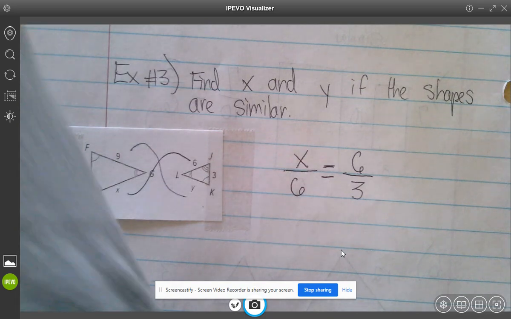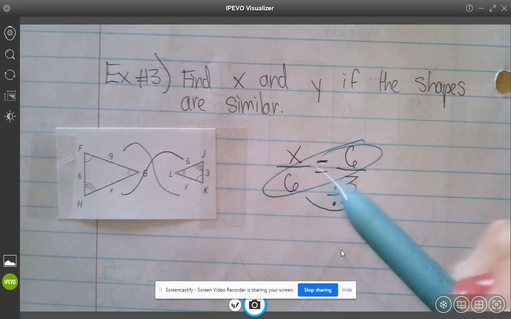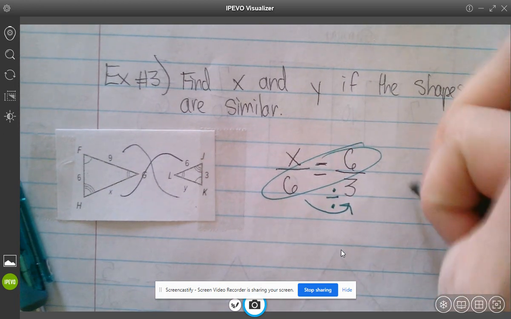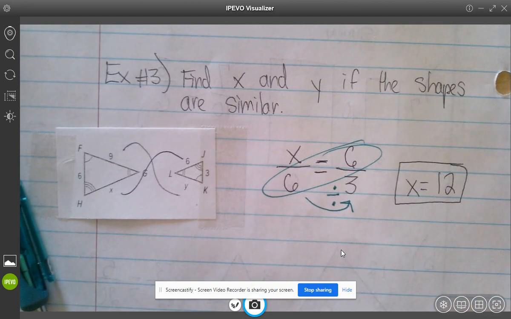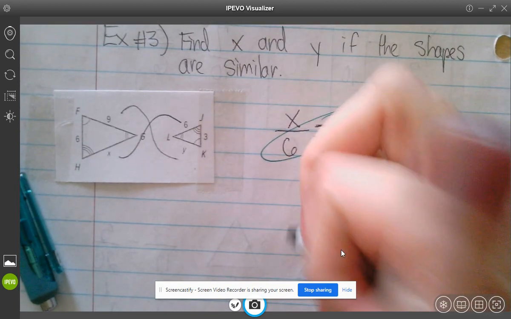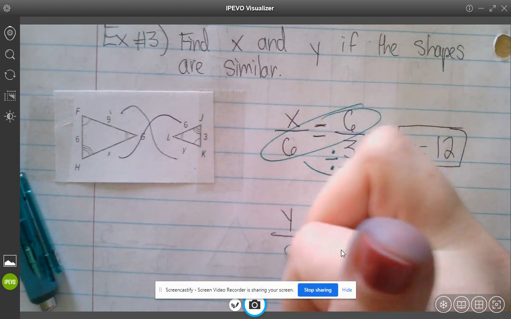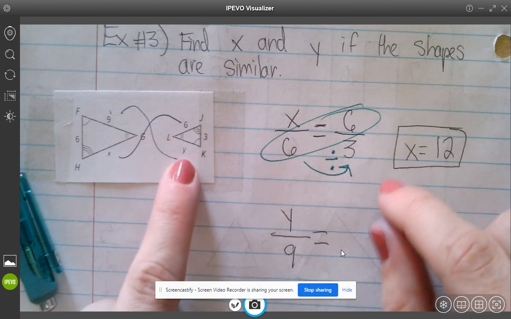Okay, so I cross multiply. I'm going to divide. So 36 divided by 3, X is going to equal 12. Okay, now I'm going to do it for Y. Y over, we already said Y corresponds with 9. Now I can use this same fraction, but Y is from the smaller shape.